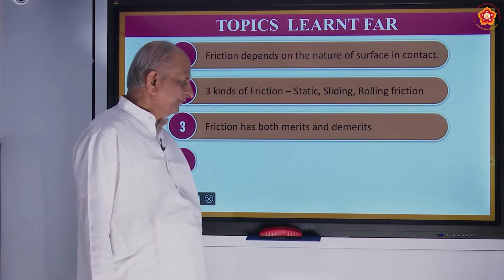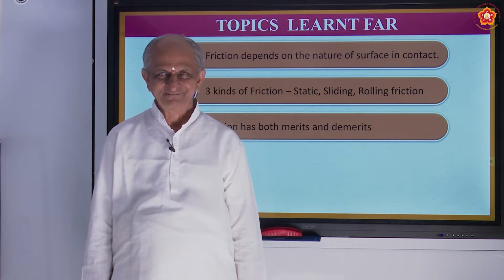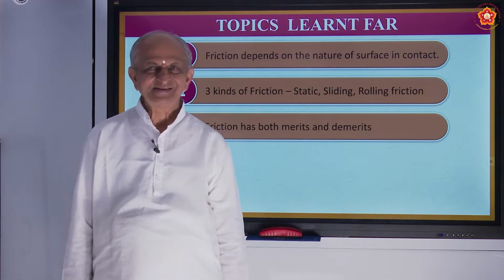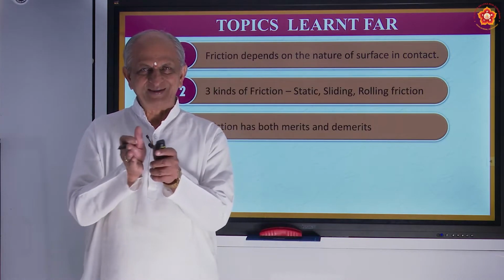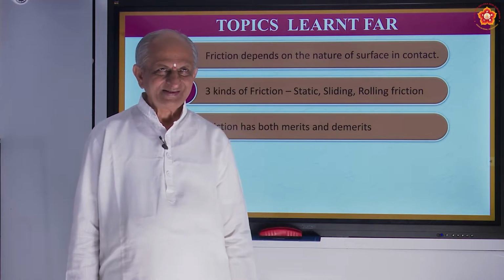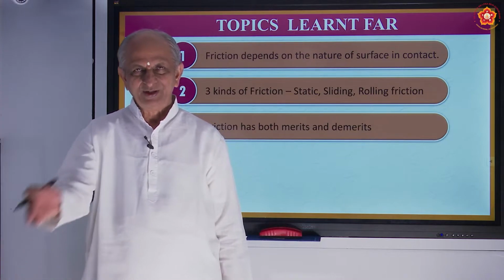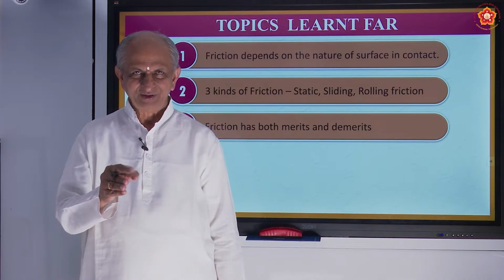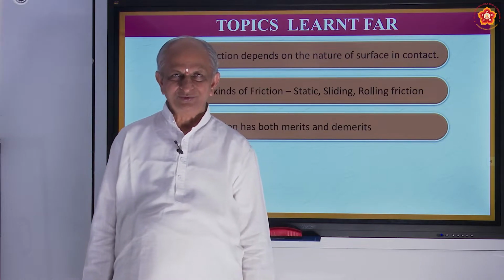And friction will have both merits and demerits. Sometimes friction is necessary. Can you give examples where friction is necessary? If you are feeling very cold, you rub your hands to make them warm. And sometimes friction is not necessary. For example, you are playing carom. The board will be rough. What do you do for that? If you want to hit the striker, it won't go easily.